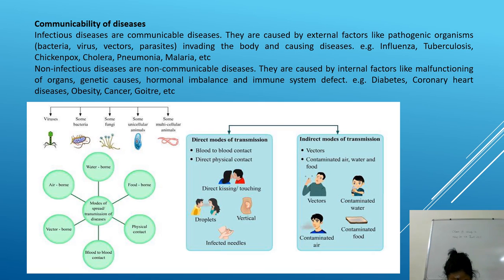Someone standing close by can breathe in these droplets and microbes get a chance to start a new infection. I hope you are following. Examples of such diseases spread through air are common cold, pneumonia, and tuberculosis. Again, influenza, tuberculosis, chickenpox, common cold, pneumonia.